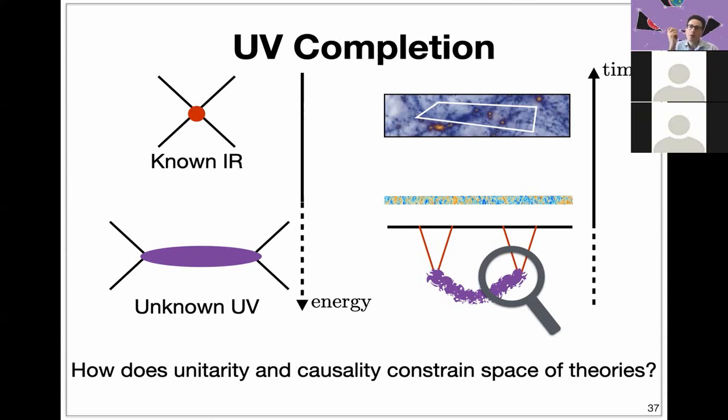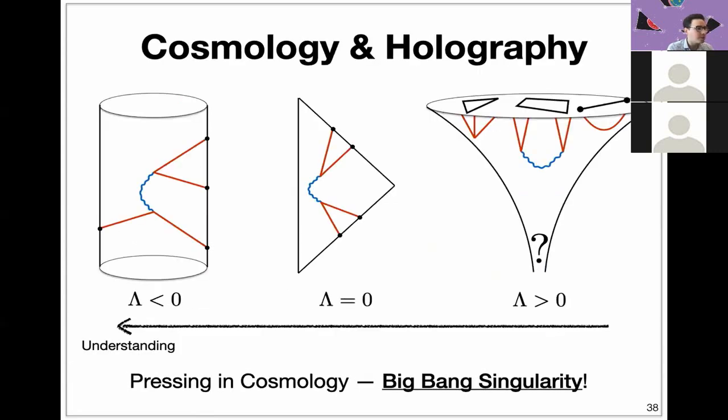Maybe we'll be able to infer, for example, if it's really some stringy UV completion, what kind of cosmological correlator should we have? Or is equilateral non-Gaussianity, can it be arbitrarily small, or must it have at least a certain size? So these are questions that have analogs in flat space and in which people have been making tremendous progress. Even a few months ago, there's a lot of exciting new work in that direction.